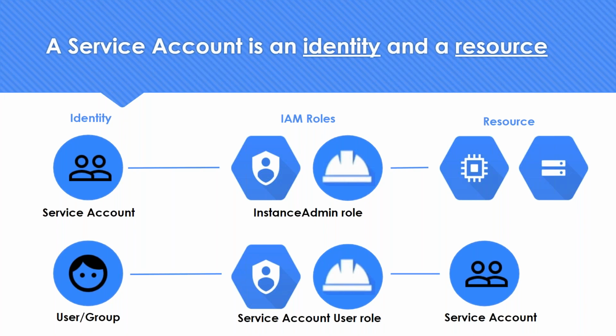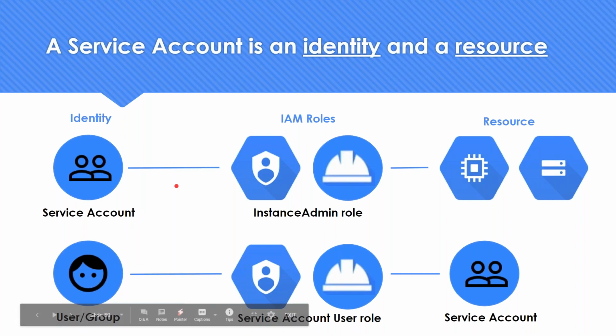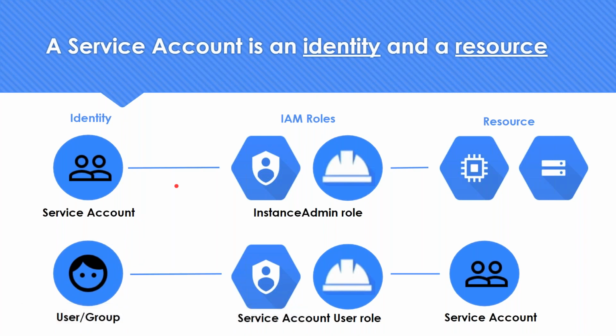The second one, which is very unique with a service account, is that it can also act as a resource, meaning you can make groups, people, individuals act as the service account. If you give a role called the service account user role, we have already seen that in a couple of demos, and I'm going to reiterate it today.